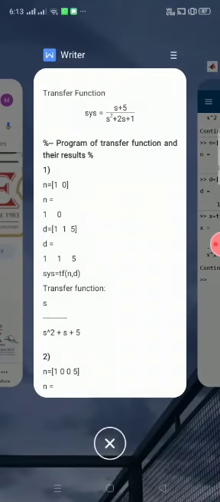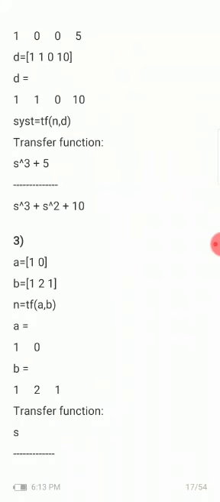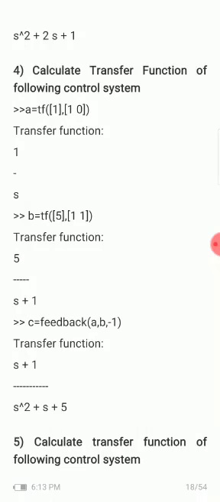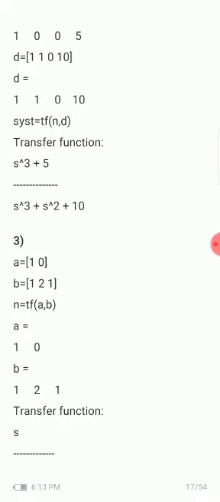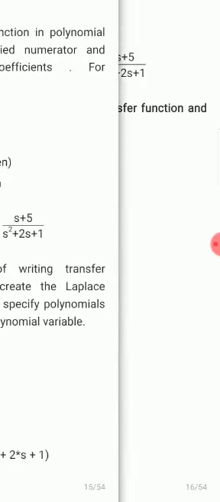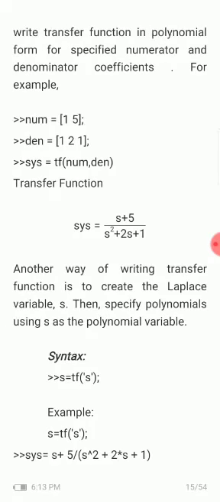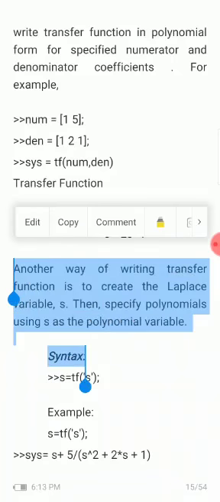Now see the next method to write the transfer function. This is another way of writing the transfer function with the help of variable s. For this, specify polynomials using s as the polynomial variable.